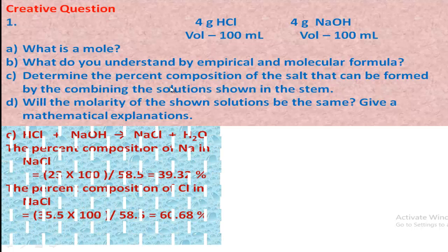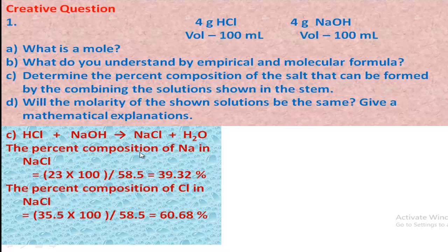So follow the solution. Here the percent composition of sodium in sodium chloride. Actually the atomic mass of sodium is 23, and to determine the percent composition we have to multiply it by 100, and this will be divided by the molecular mass of sodium chloride, which is 58.5.